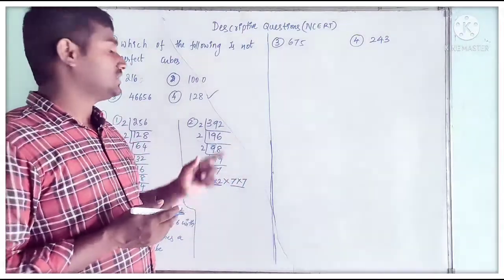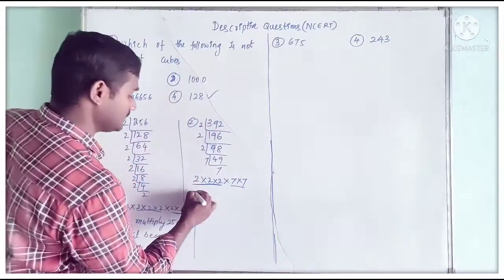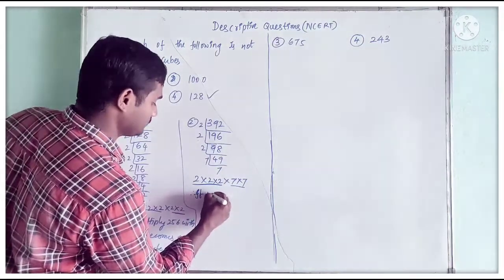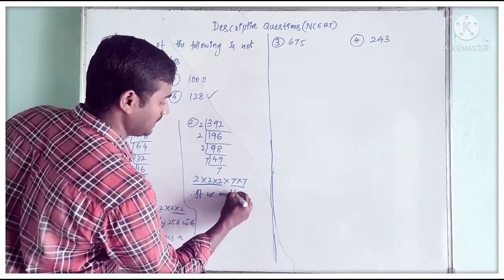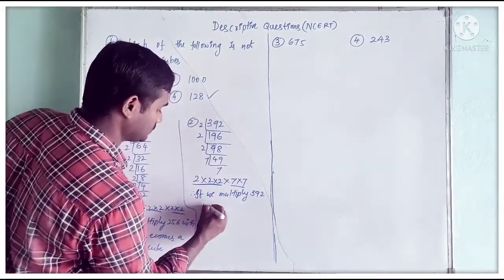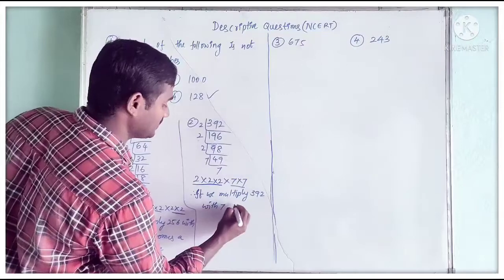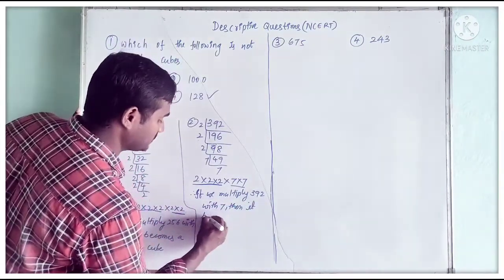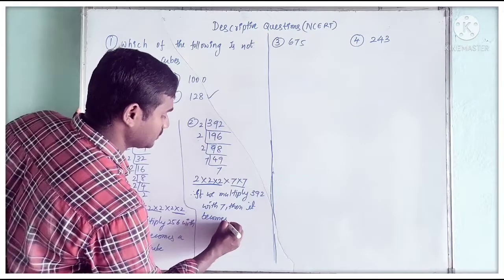Therefore, if we multiply 392 with 7, then it becomes a perfect cube.